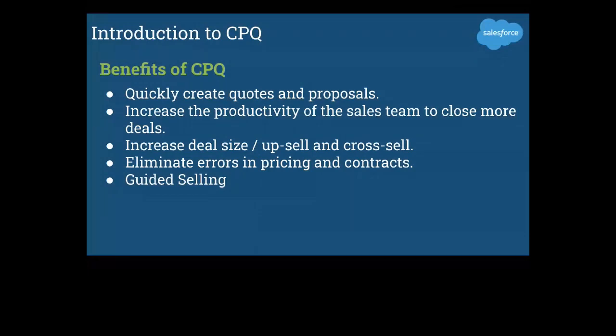If quotes and proposals are being generated within time, it increases the deal sizes, upselling, cross-selling, and obviously errors are not going to be there because everything is going to be automated via CPQ. And one more beautiful benefit of CPQ is guided selling.